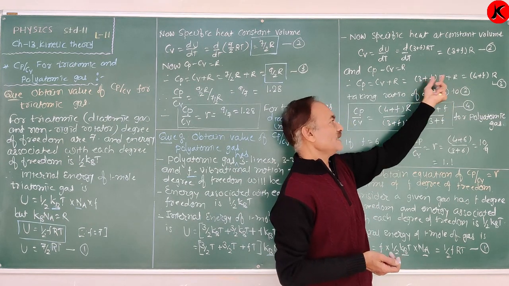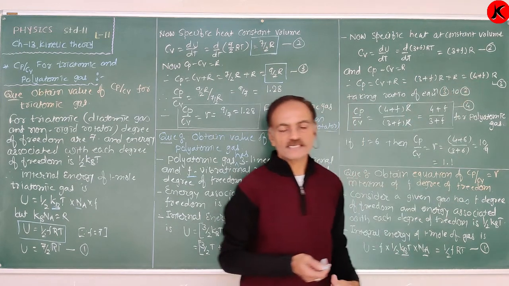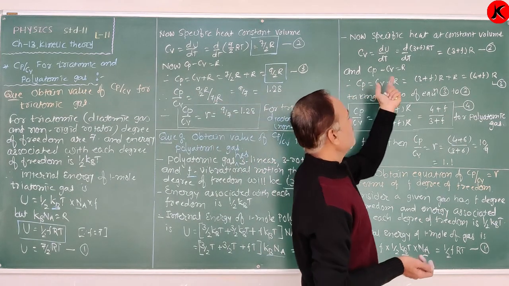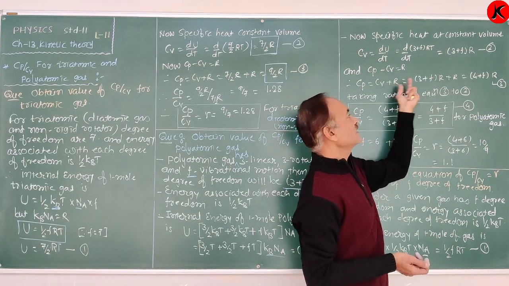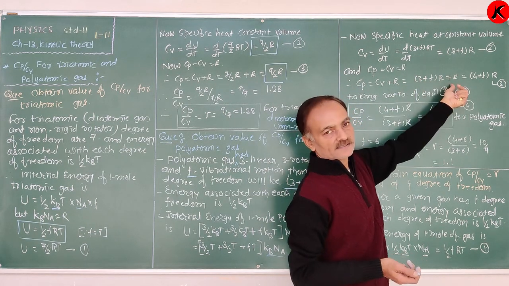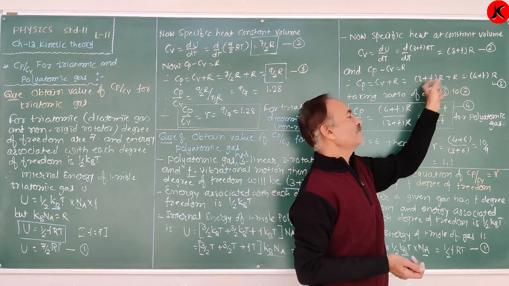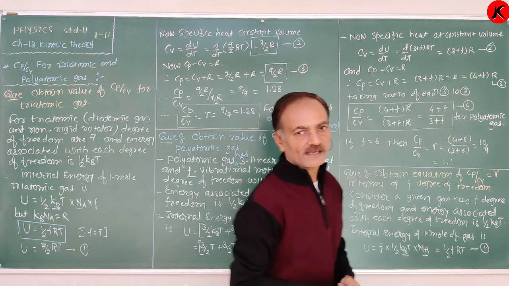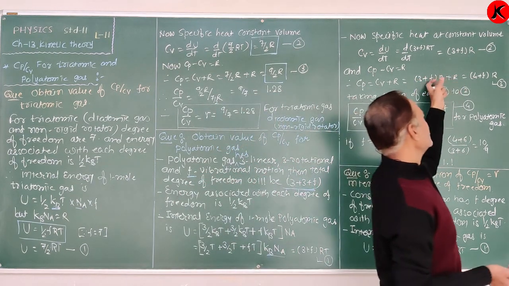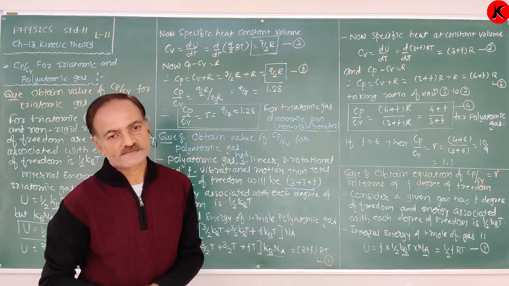Therefore (3 plus F plus 1) into R. 3 plus 1 is 4, so (4 plus F) into R. That is our third equation.